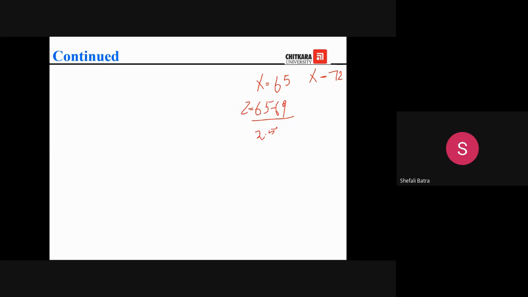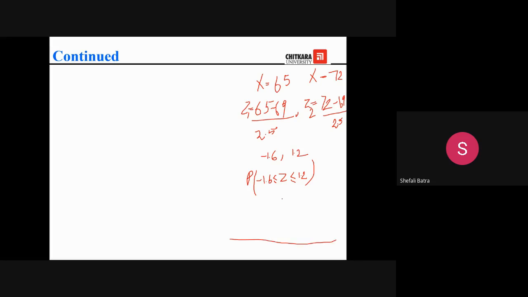Get one z from here, and the other z you have calculated, I think, 72 minus 69 upon 2.5. Right? Get the value of this z1. Let's say this is z1 and this is z2. This is minus 1.6 and this was 1.2. Right? So now it means you need to find out the probability z less than or equal to 1.2 and greater than or equal to minus 1.6.